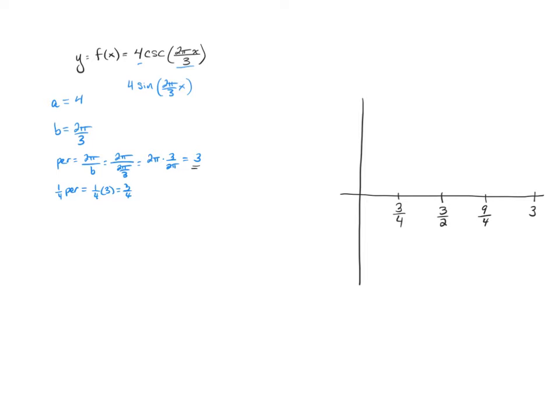I want to set my vertical scale of my function by recognizing that this graph, if I was looking at 4 sine of 2 pi over 3x, would go up to 4 and it would go down to a minimum of -4. And if you know your sine curve well, you would know that the sine curve starts at the origin and then it moves up by the time you're at a quarter of a period.